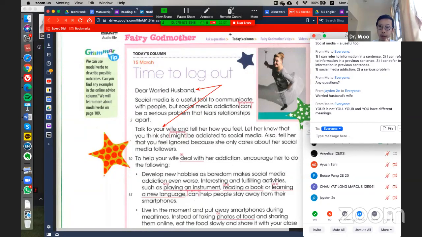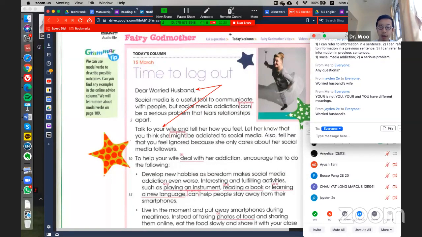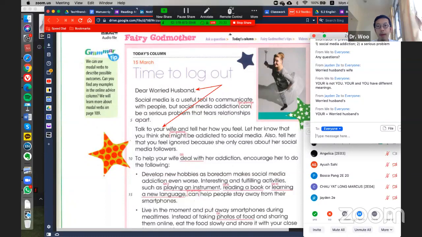You're just a little confused. You included one too many words. Try that again and take one word out. Your is possessive. Okay, good, Jaden. So in this case, your equals worried husband's.